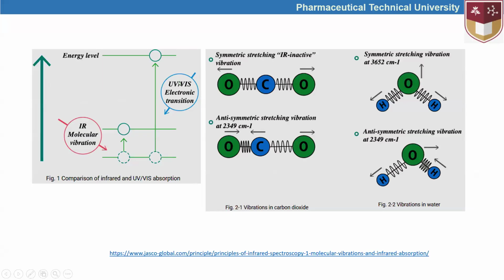Again, UV spectroscopy is based on the jump of electrons from the ground state to the excited state, and IR spectroscopy is based on the vibrations of molecules. Here we can see two different types of vibration, symmetric stretching vibration, which is IR inactive, and antisymmetric stretching vibration, in two different molecules, carbon dioxide and water.